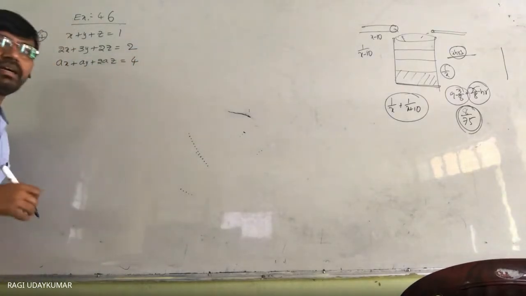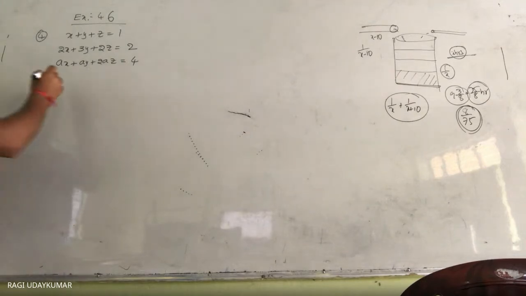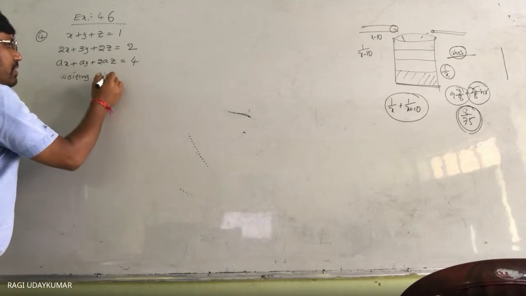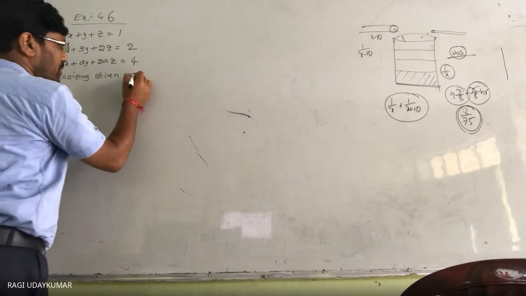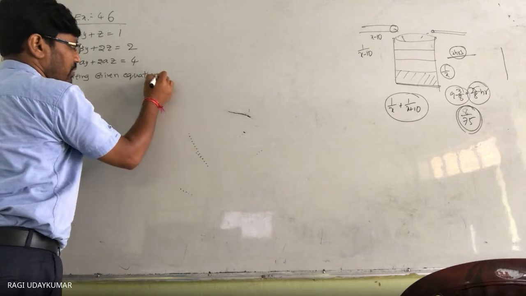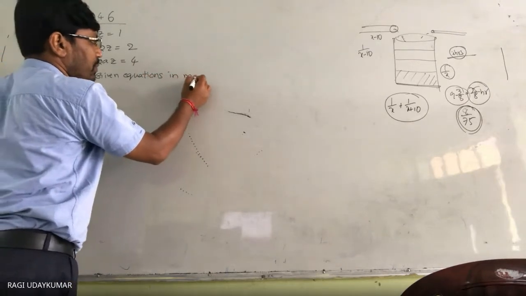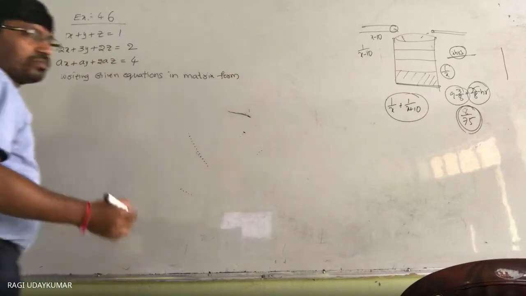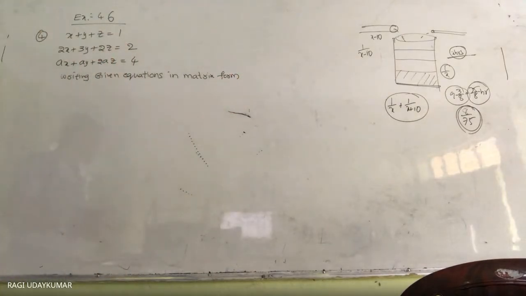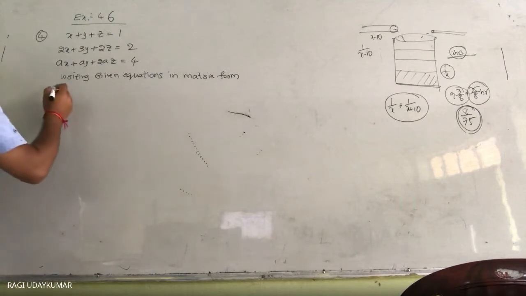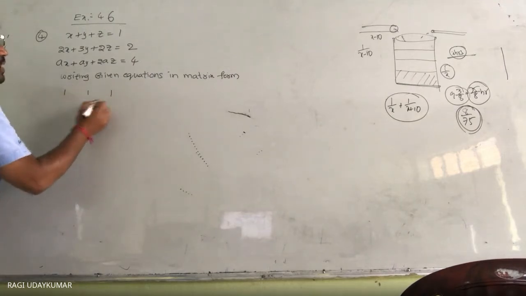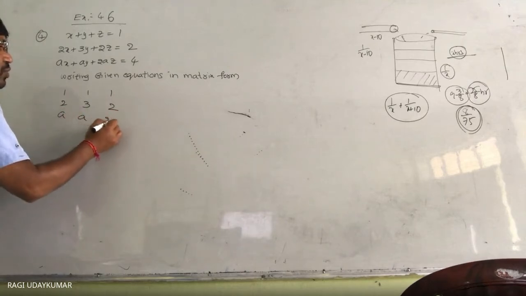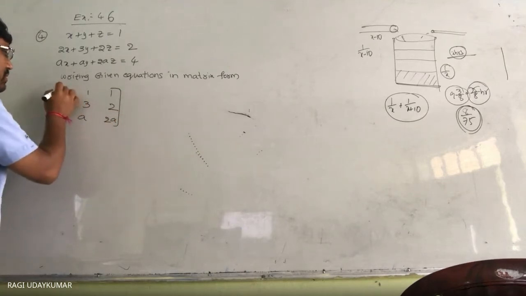So writing the given equations in matrix form. When you write these equations in matrix form, what do you write here? 1, 1, 1; 2, 3, 2; a, a, 2a.